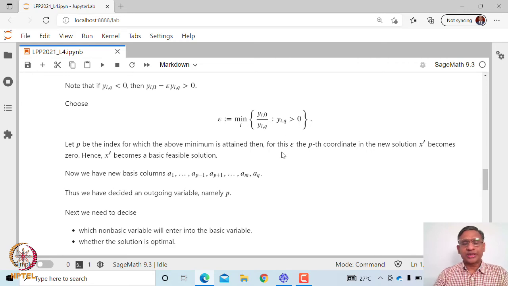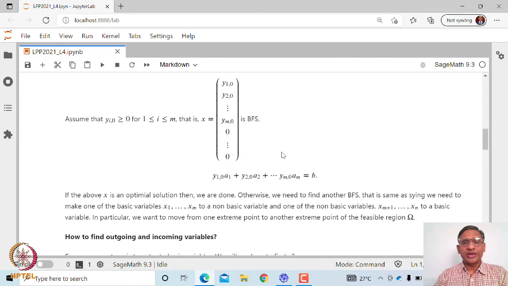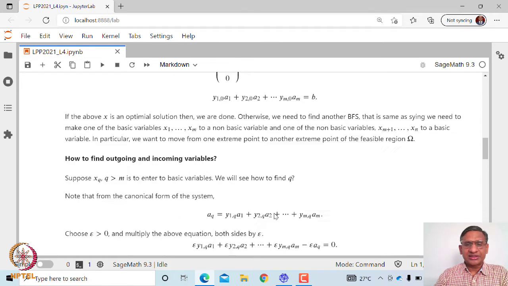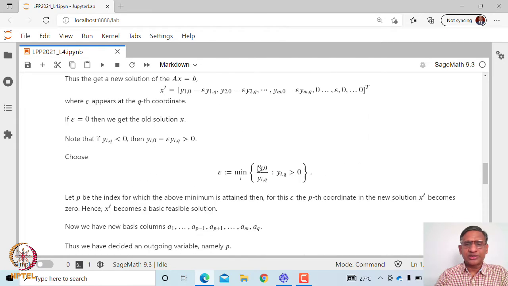Now in terms of this augmented matrix, what does it mean? It means that this is how we are going to calculate this ratio. You look at the right hand side, which is your last column, y0, and look at the ratio of the right hand side upon the incoming column.